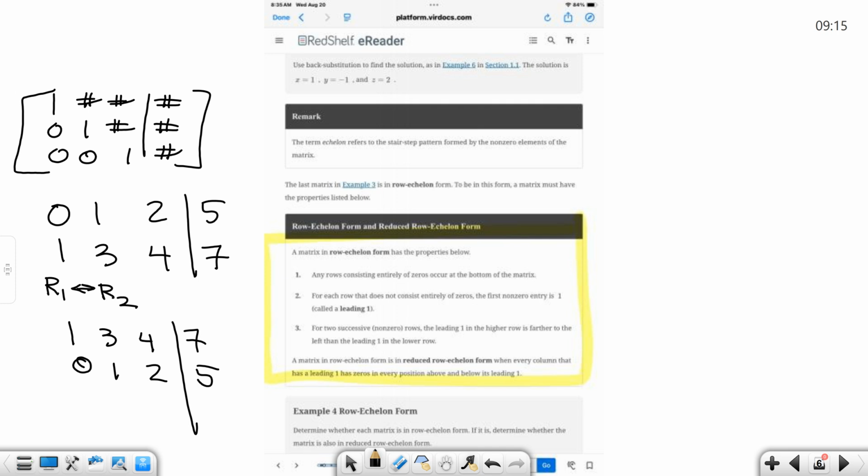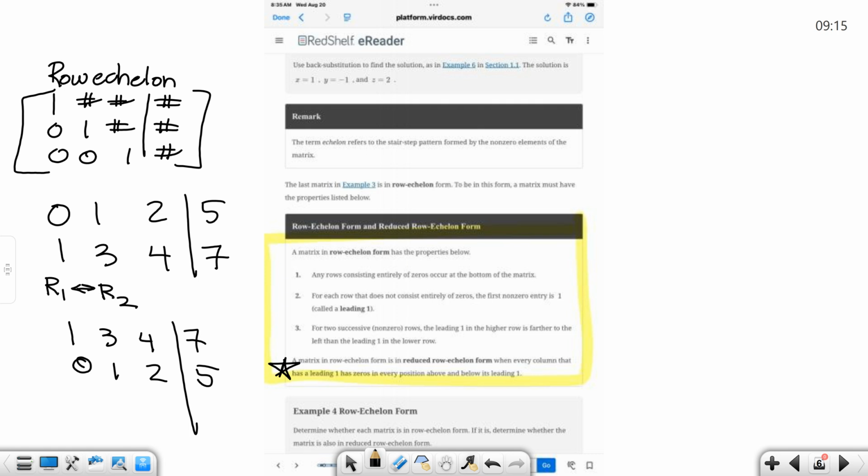Now, underneath that 1, 2, and 3 on your sheet right here, it talks about reduced row echelon form. Reduced row echelon form means that every one has zeros above and below it. So, for example, this one right here is called row echelon form.